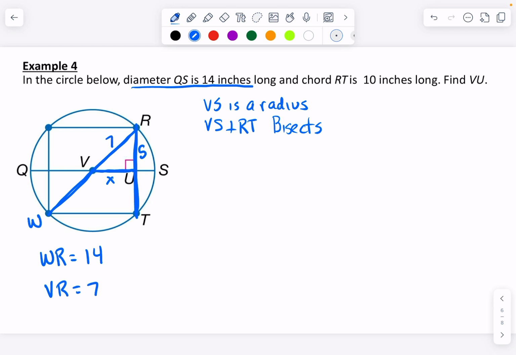So notice what we have. We have a triangle there. We have triangle VRU, where I have a little right angle in there. My hypotenuse is 7. One leg is 5. I'm looking for VU. So one leg squared plus another leg squared equals my hypotenuse squared, the Pythagorean theorem.